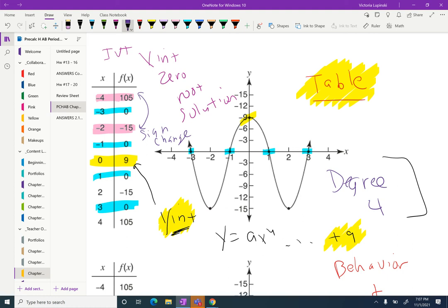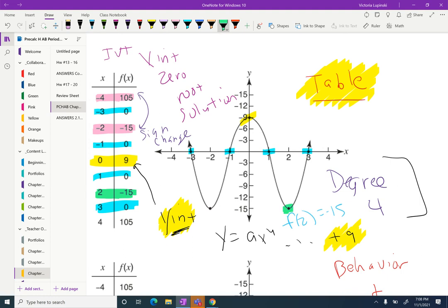Okay. And then just in terms of the other values, like if you're looking here at the fact that (2, -15), just make sure you understand that, even if you didn't draw this entire graph, if I told you that f of 2 was equal to -15, that's how I would get that value.